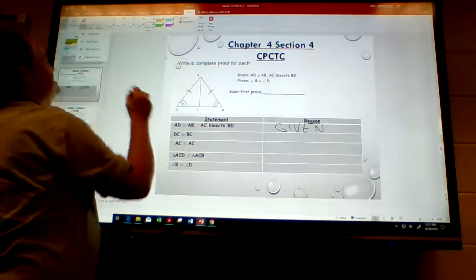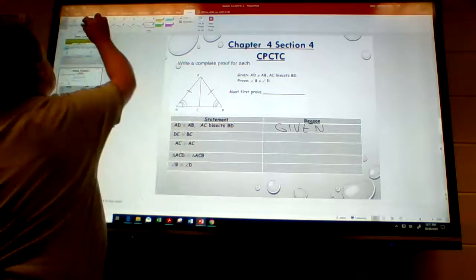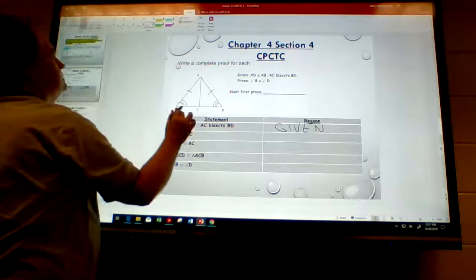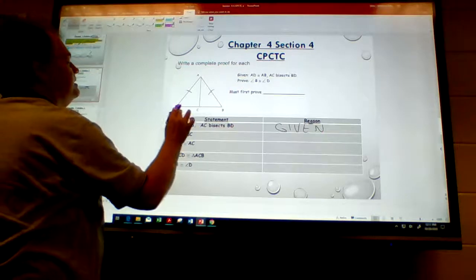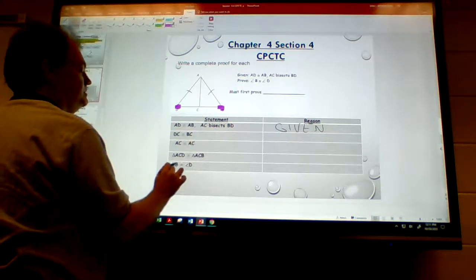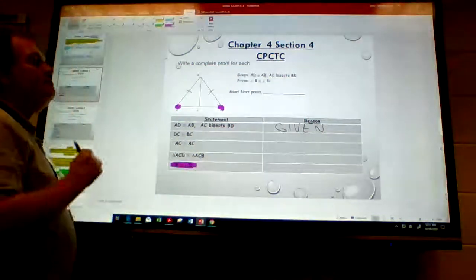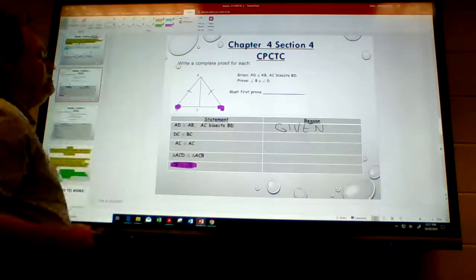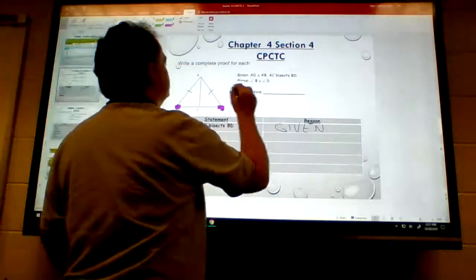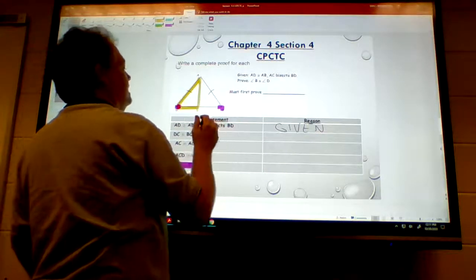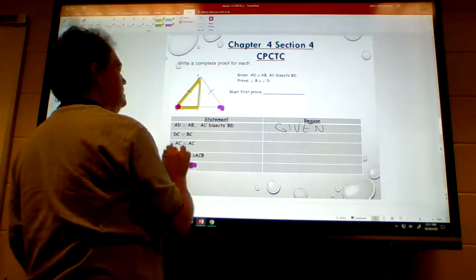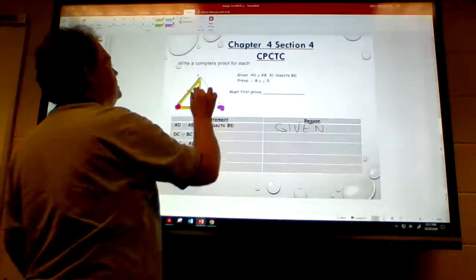But actually, let's not do it that way. I like that purple. That way you see it better. I'm trying to prove that those 2 parts are congruent. But to do that, I must first prove that the 2 triangles are congruent. So I'm going to highlight this triangle right here in yellow, and that would be ACD, and this triangle in blue.